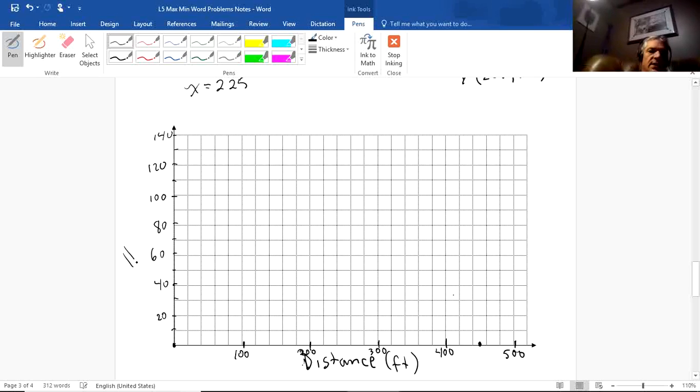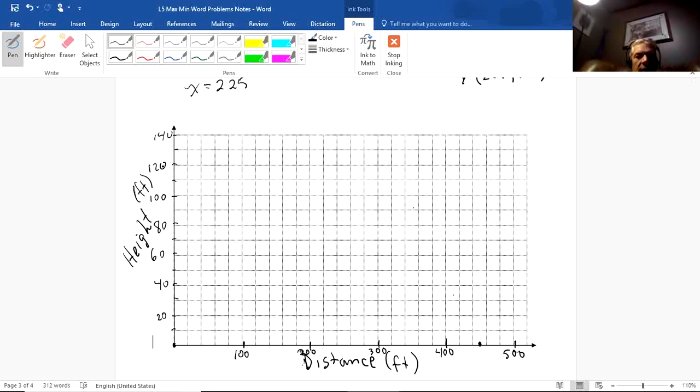And this, of course, is the height of the ball, okay? And it also is in feet, okay? And you should write those on there. It's a little harder for me to write on my side. You can turn your page on the side a little easier than I can turn my screen. And so 125 is the height. And so remember, my vertex is 225.